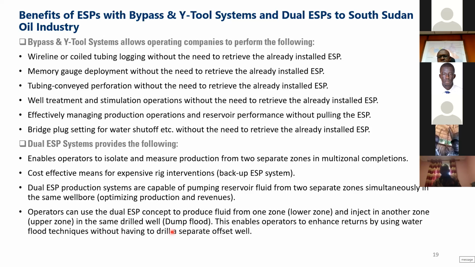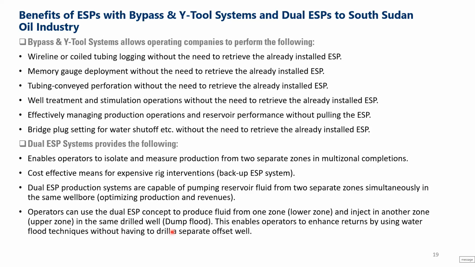You can understand in-depth information about these two reservoirs and how they behave, even when the ESP is running or not running, because you will have the sensors, as I explained, that give you real-time data that will help the production engineers and reservoir engineers decide the best approach for the reservoir. It is a cost-effective means to avoid expensive intervention, as backup ESP systems. Dual ESP production systems are capable of pumping reservoir fluid from two separate zones simultaneously. That's an option also.